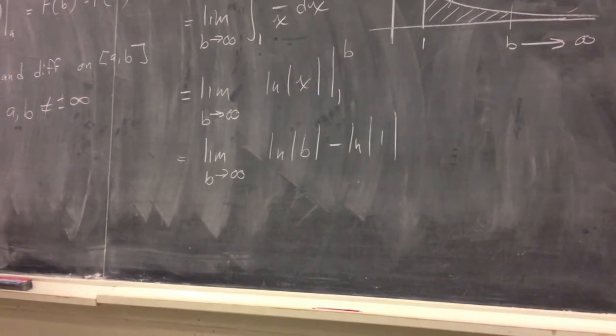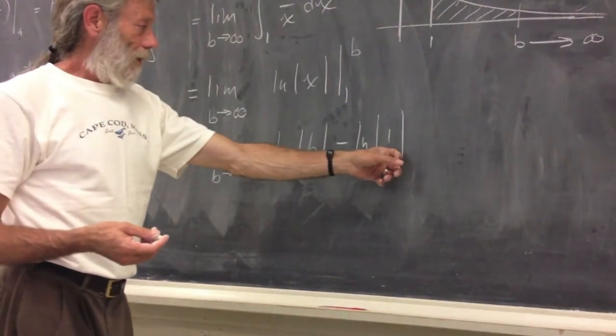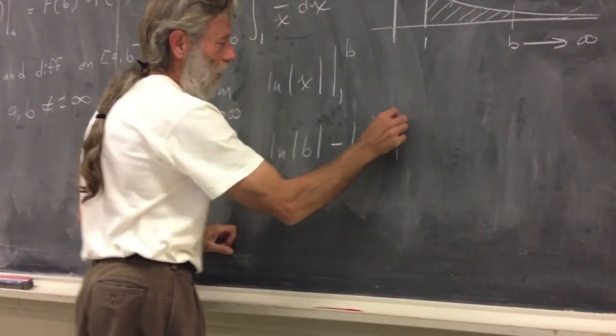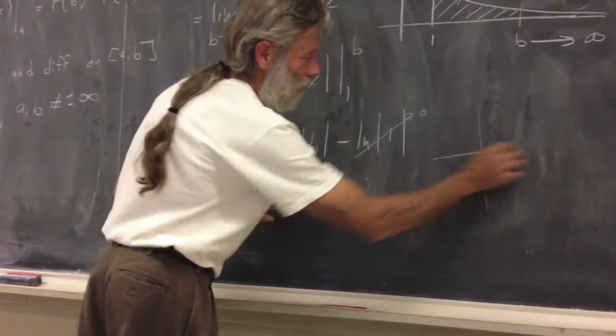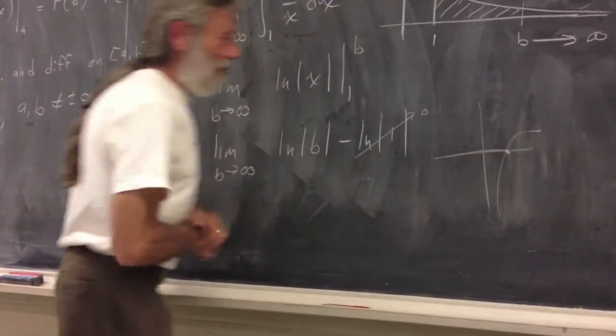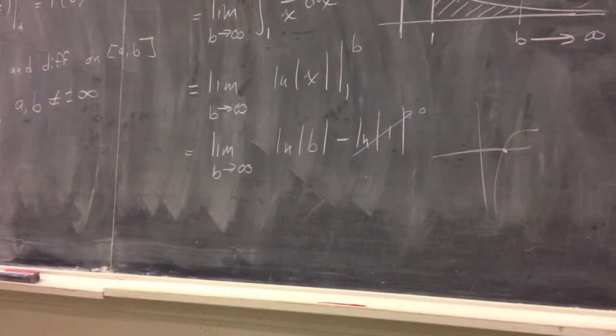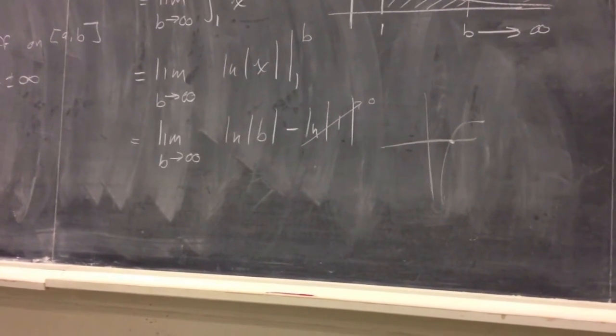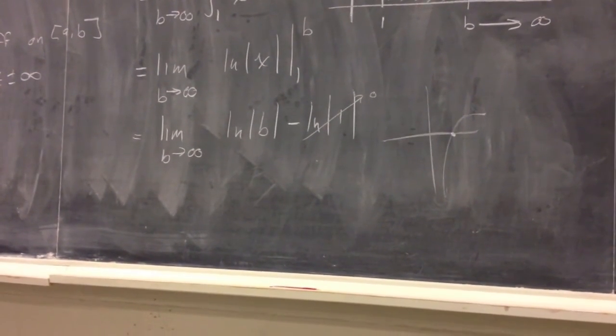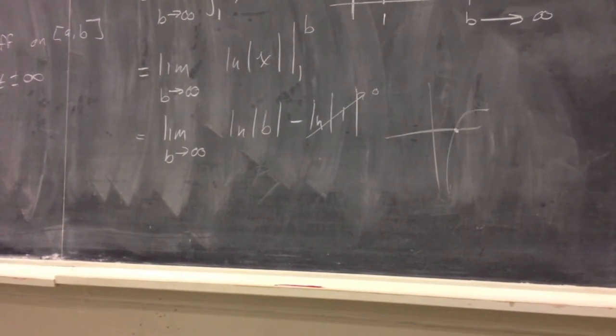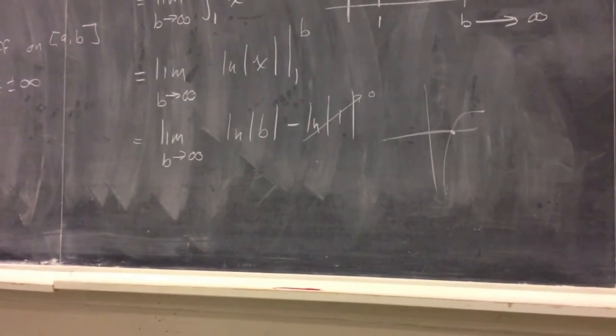You know what the log of 1 is, I hope. That's 0. Think about the graph. Then, the log of b as b goes to infinity is what?